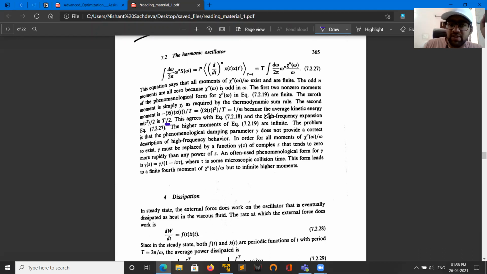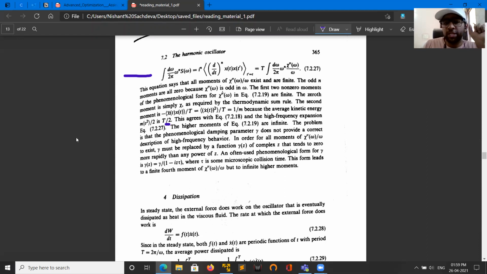This agrees with equation 7.2.18, which we did above, and the high frequency expansion of 7.2.27. The higher moments of equation 7.2.19 are infinite. We don't need them right now.